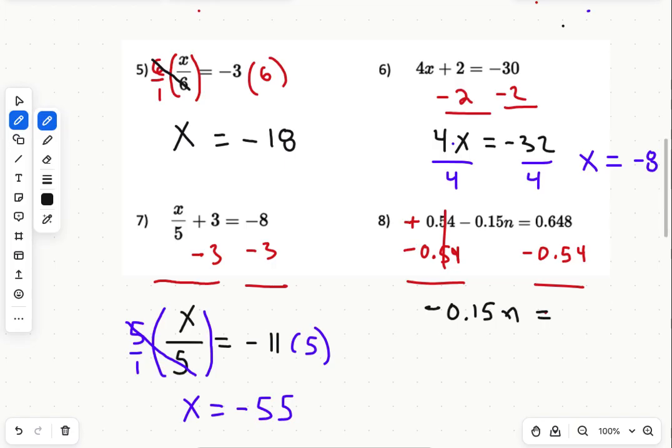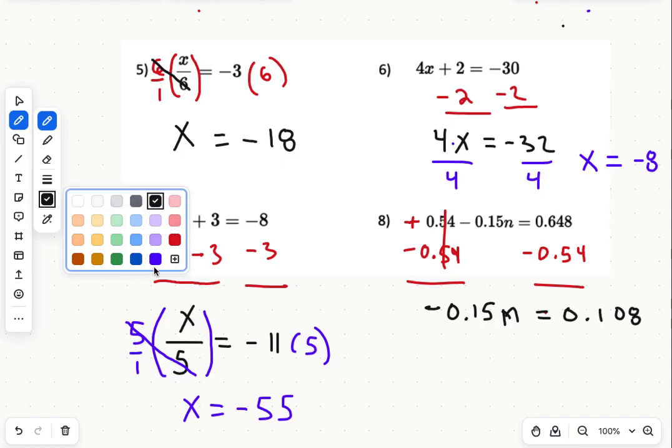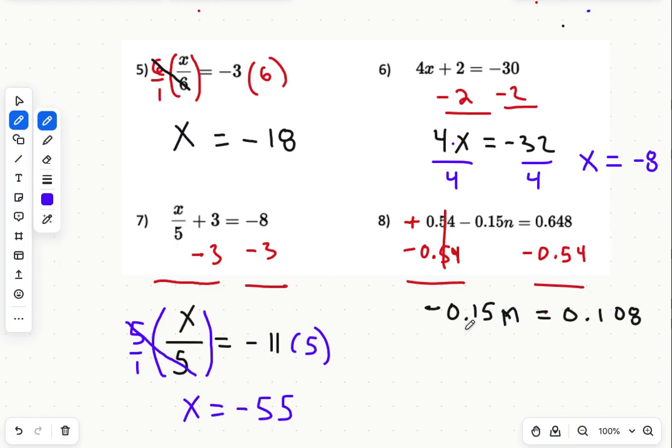And then on this side, what does that make? It makes 0.108. And so now we have a negative 0.15 that is multiplying the n, so I want to undo that with division. I want to clean up the sign and everything, so we're going to divide both sides by negative 0.15.